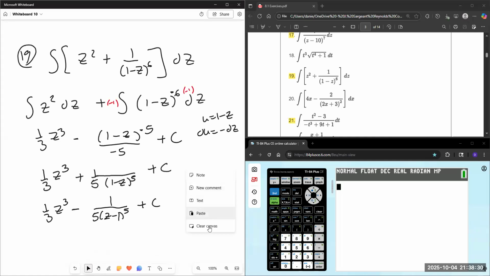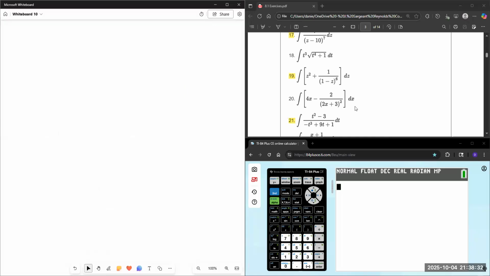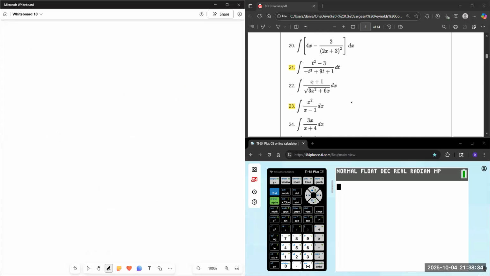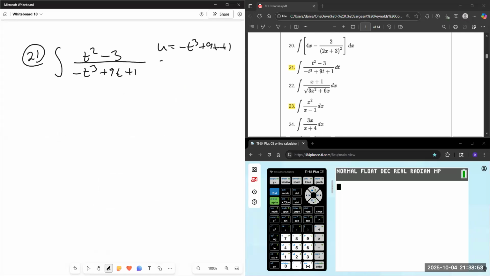Let's look at 21. Integral of t squared minus 3 over negative t cubed plus 9t plus 1. u is negative t cubed plus 9t plus 1.